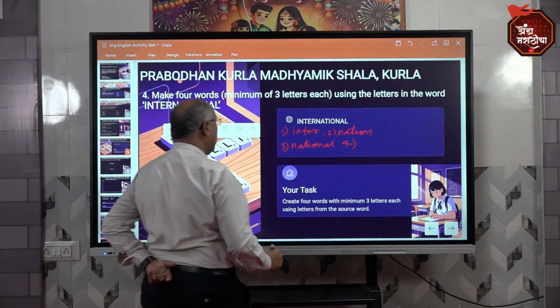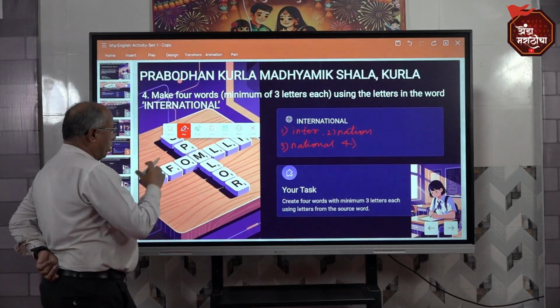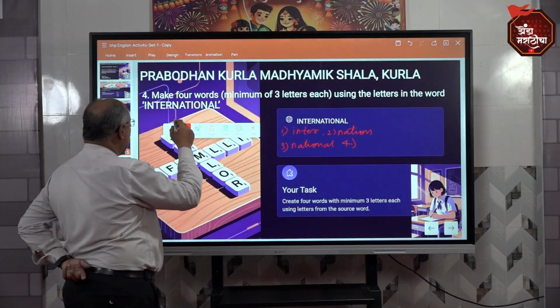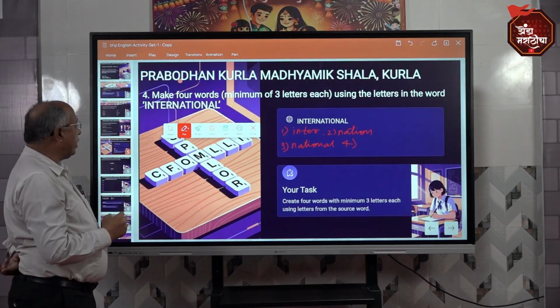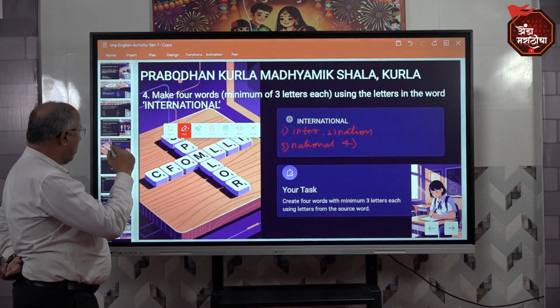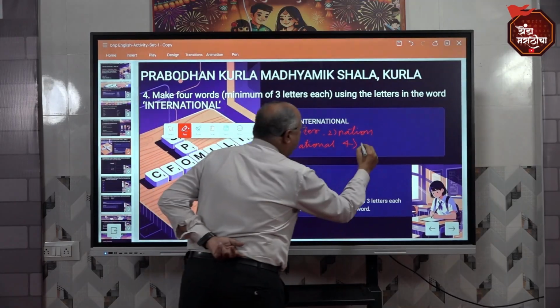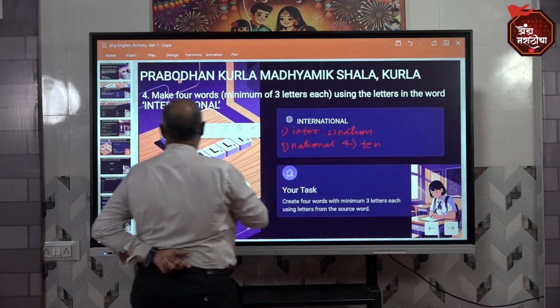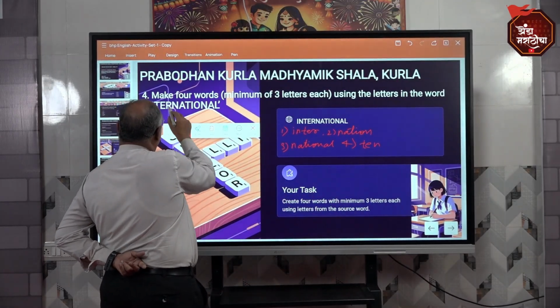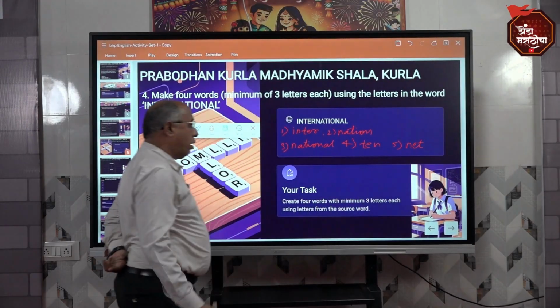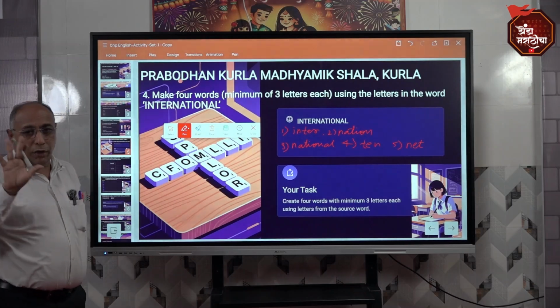Fourth one, again we can use different letters and make different words. That is TEN, ten. Again we can make a small one, NET, net. And in this way we can make many words, but you are asked only 4 words.